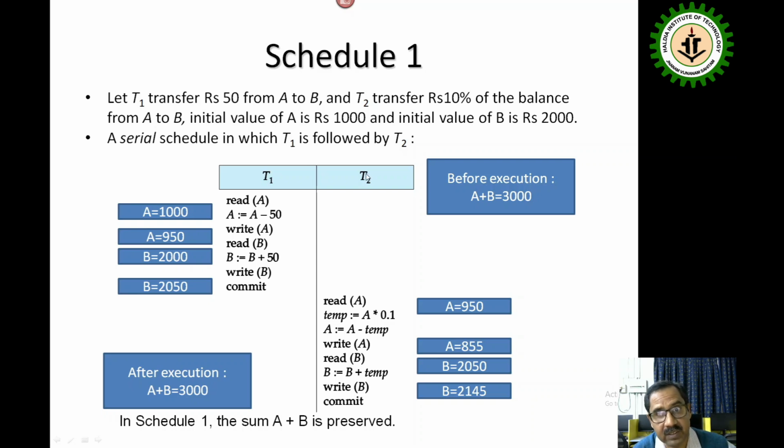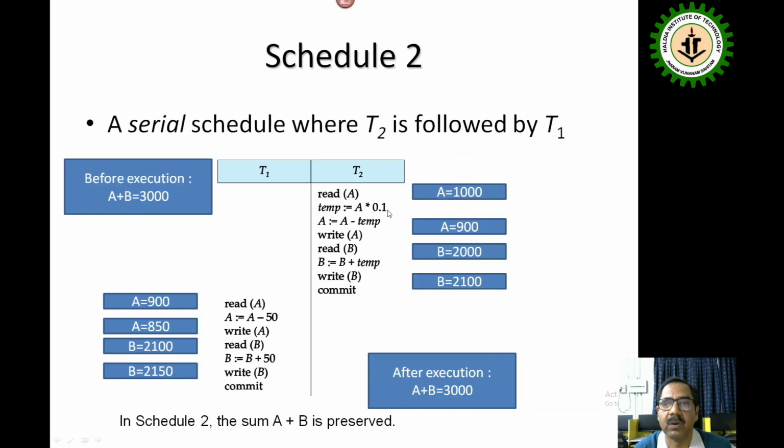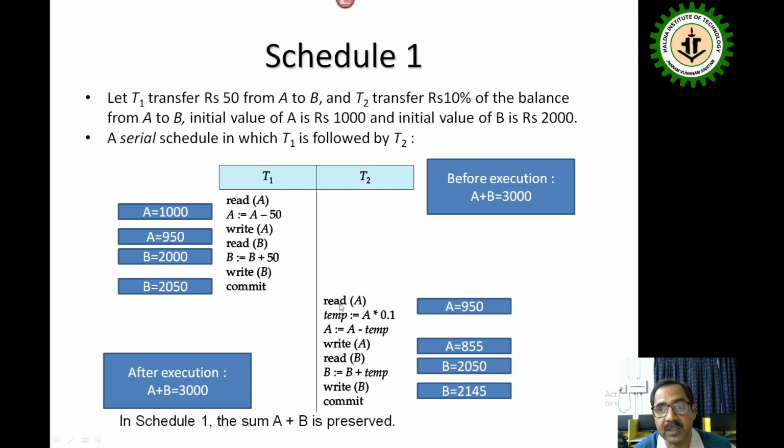After finishing this, T2 will start its execution, since this is a serial schedule, T1 followed by T2. So here T2 reads the data item A. What will be the value of A? A is 1000 initial value. But before T2 reads the data item A, T1 already performed write operations. T1 already modified the value of A, which is now 950.